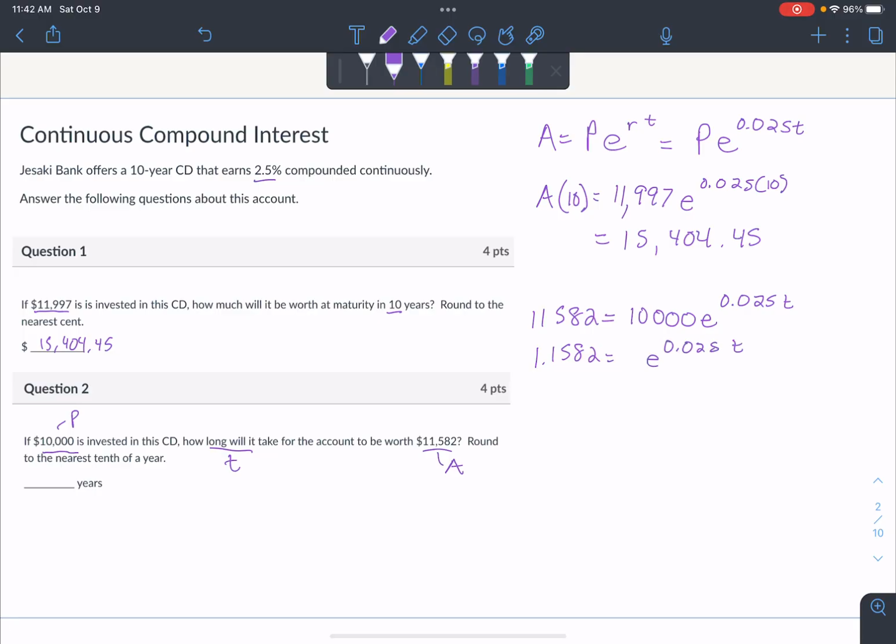Okay, and so I want to isolate T, so what I can do is I can natural log both sides. And so on the left-hand side, I have natural log of 1.1582, and on the right-hand side, I have 0.025T.